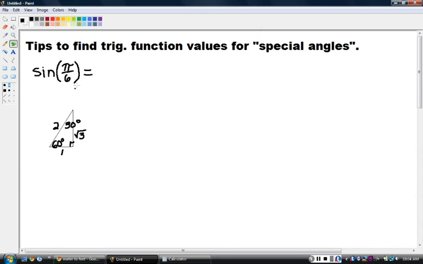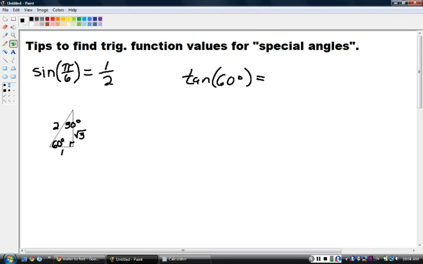So for this example, sine of pi over 6, 30 degrees, if I remember the sine's opposite over hypotenuse, right? So sine of pi over 6 has to be 1 over 2. That's the opposite from 30 degrees over the hypotenuse. And then anything else I'm asked for, let's say I'm asked for the tangent of 60 degrees, I remember that the tangent definition is opposite over adjacent.